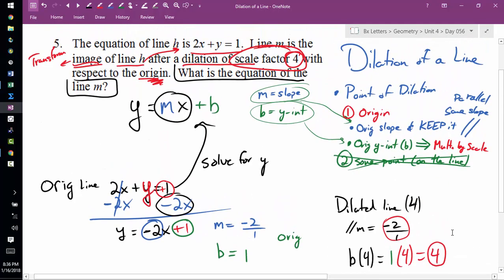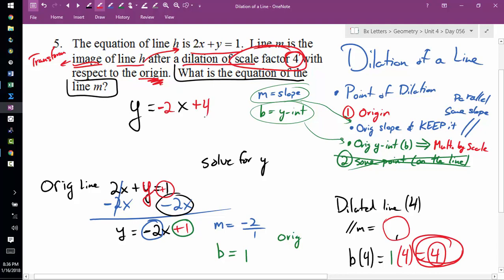So when we substitute this information in, our new equation will be y equals negative 2 times x, and then our y-intercept is this 4, so plus 4, and that will be the equation of the dilated line.